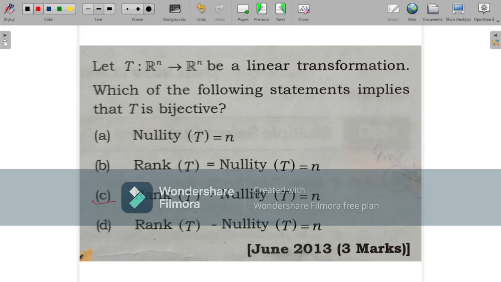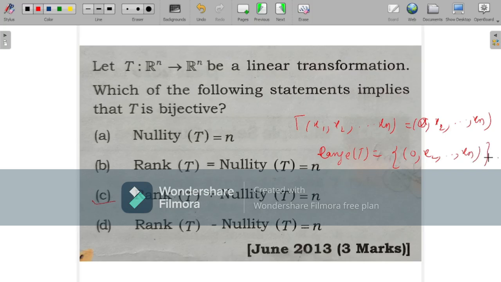For the third option, take a linear transformation T defined as T(x1, x2, and so on xn) equal to (0, x2, and so on xn). Okay, so the range space of this linear transformation T is the vectors (0, x2, and so on xn).